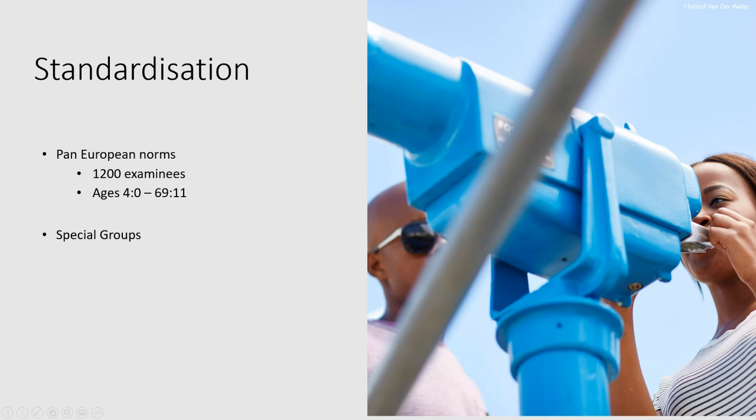Then just to talk about the standardisation of the Ravens 2, they're pan-European norms. The Ravens 2 European standardisation projects focused on collecting a stratified sample from European regions covering France, Germany, the Netherlands, Scandinavia, Spain and the UK, establishing the normative data and providing evidence for reliability and validity.